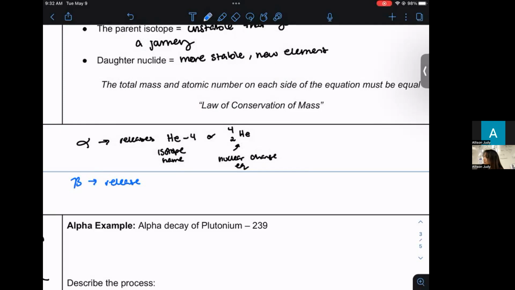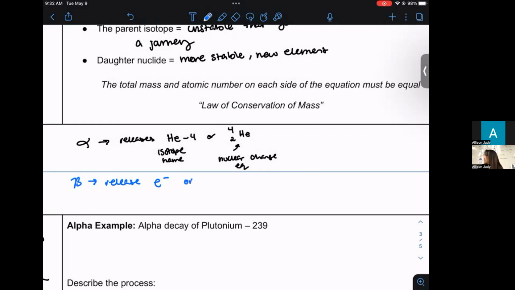Say it more confidently. Yeah, well, an electron is negative. So it releases an electron. Exactly. It literally releases an electron. That is the high energy particle. That is the radiation. All right.